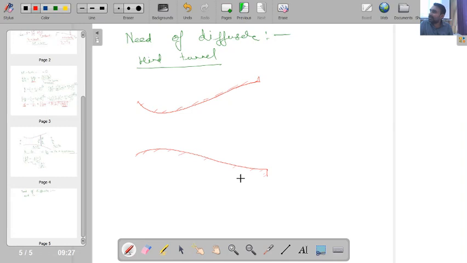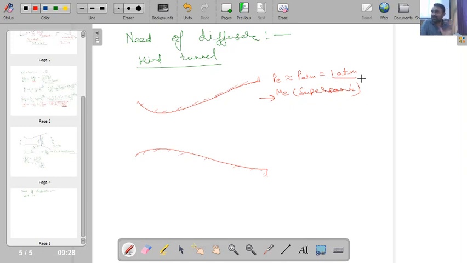Let's consider that the exit of the nozzle is at atmospheric pressure. I want the exit at a high Mach number, so M exit has to give a supersonic situation, but this exit has to happen at atmospheric pressure.